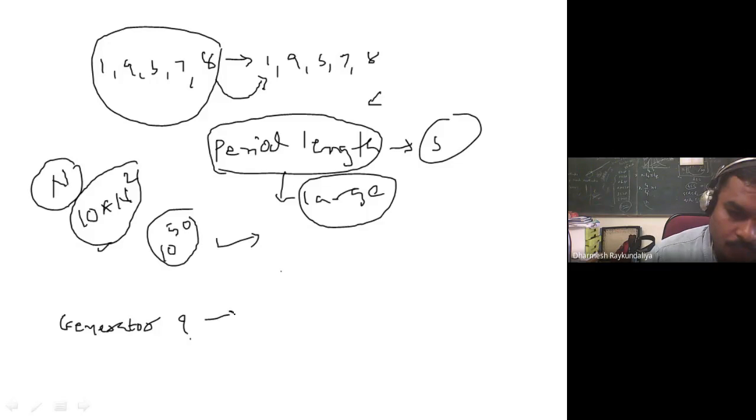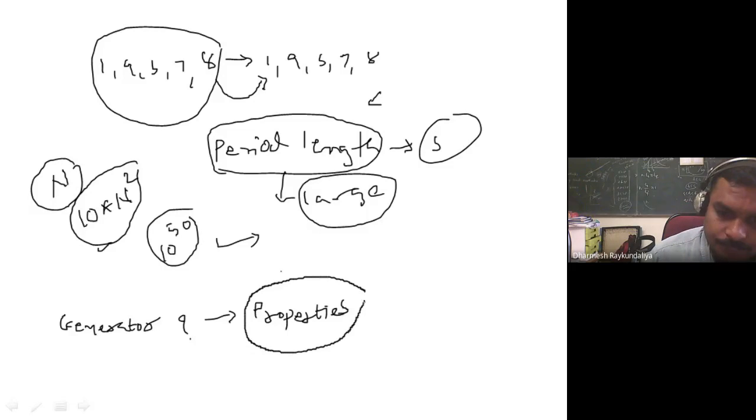Of course you have to look at the properties of a random number generator. There are some important properties. Several research studies have taken place in this regard, and based on the recommendations there are 8 properties used to identify the best generators.